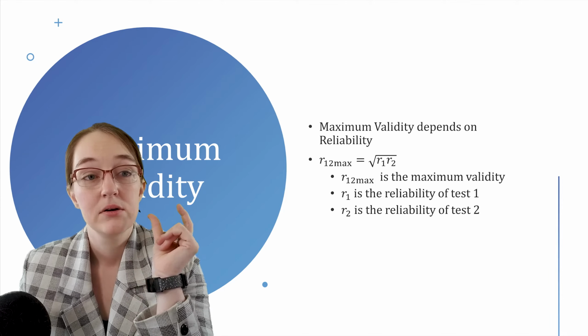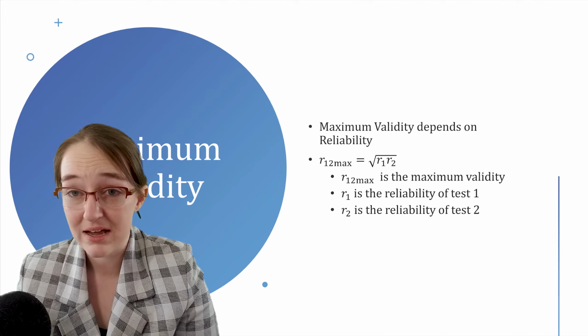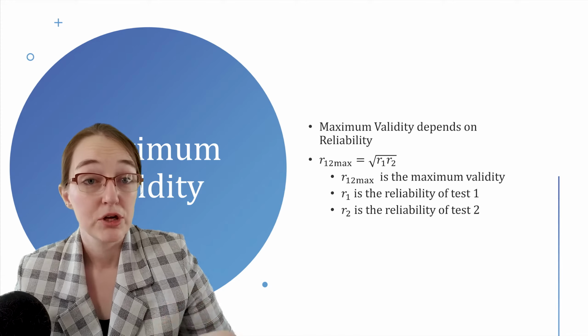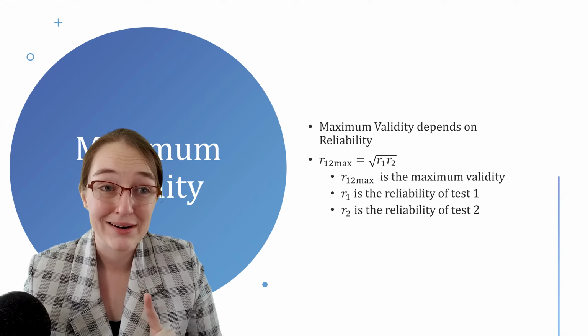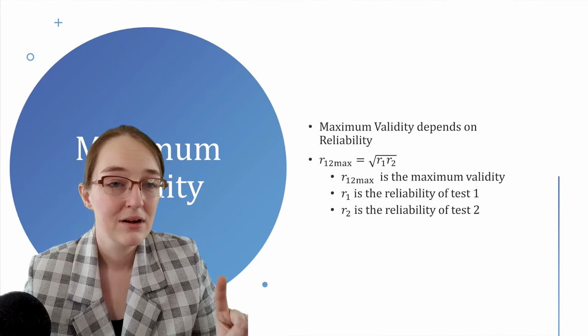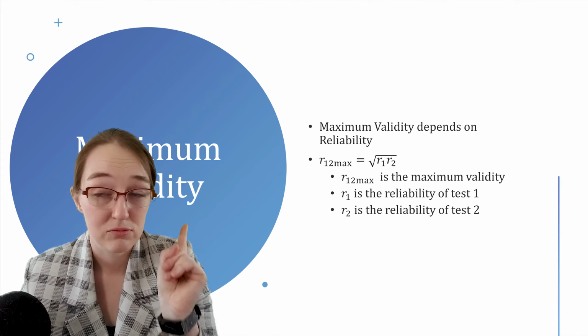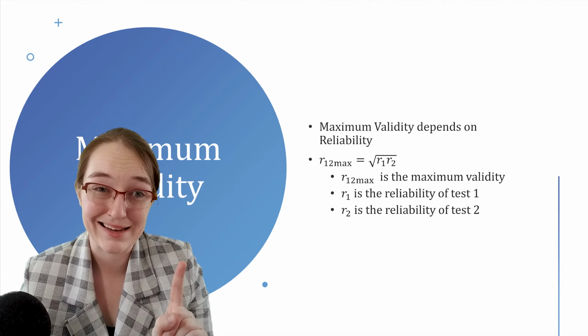So if you have a perfectly reliable test 1 and a perfectly reliable criterion, your maximum is 1. However, say you have a perfectly reliable criterion, but your test reliability is 0.8.